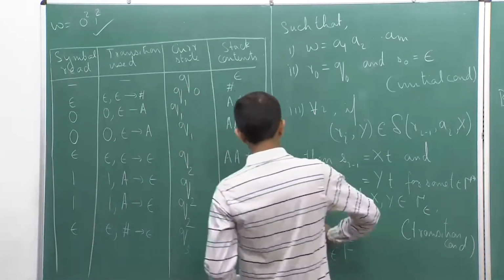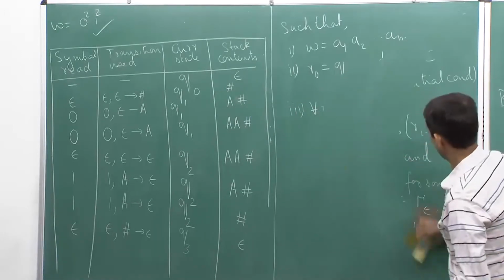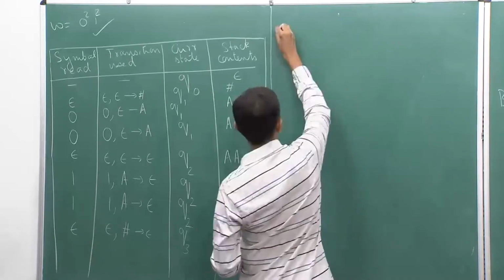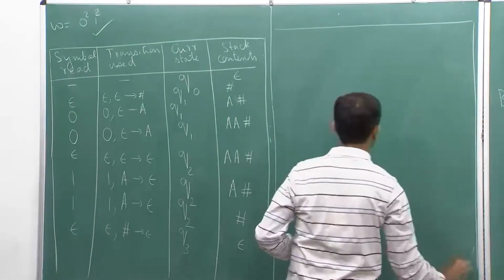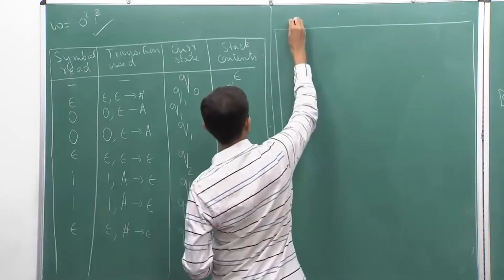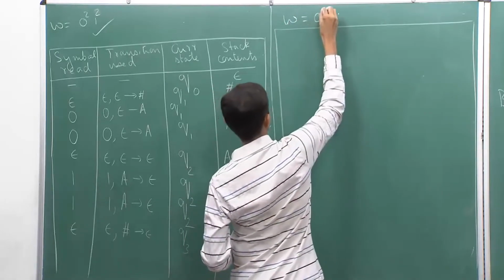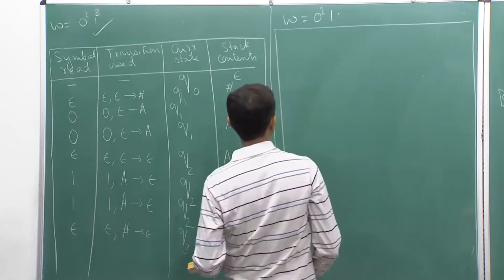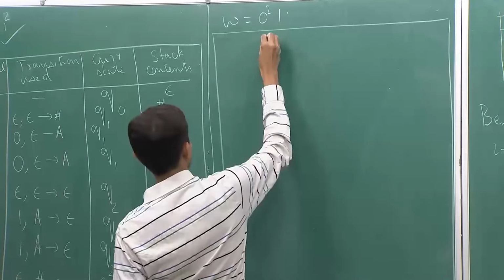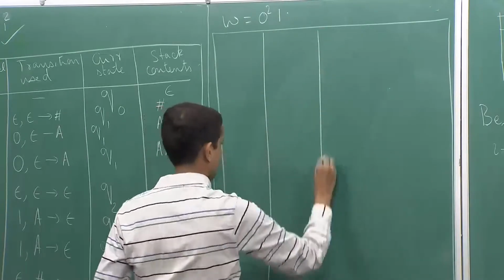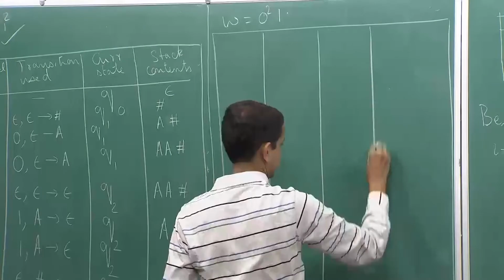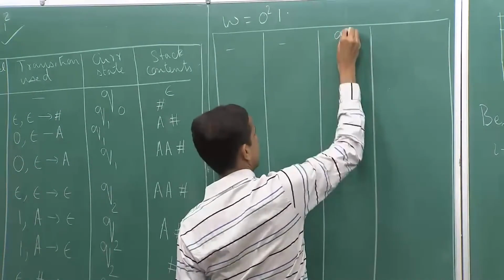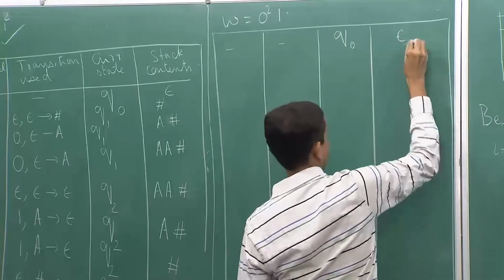Okay. So, now let us look at a similar table for a string which is not accepted. A string W which is 0 square 1. Suppose I try to accept 0 square 1. What happens? Initially again I have Q naught and epsilon.